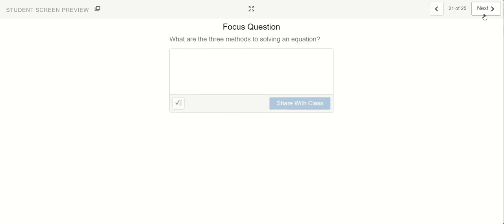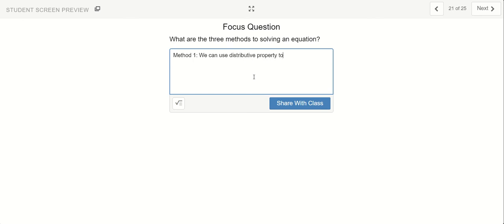So let's answer our focus question. What are our 3 methods for solving the equation? Method 1, we can use the distributive property to rewrite the equation. Method 2, we can cancel each term by using opposite operations.